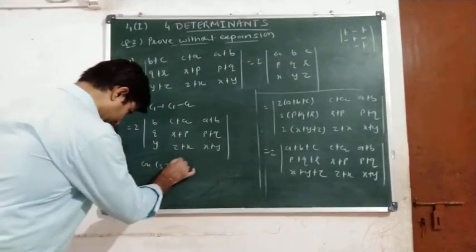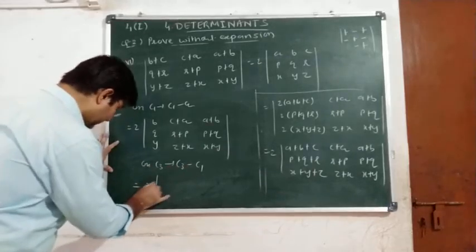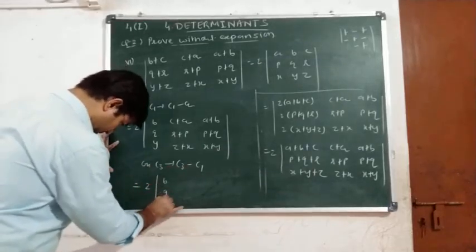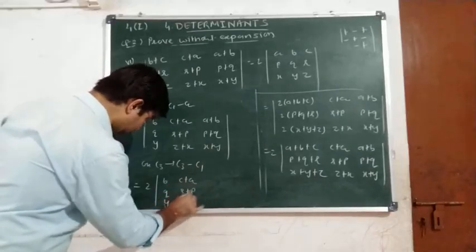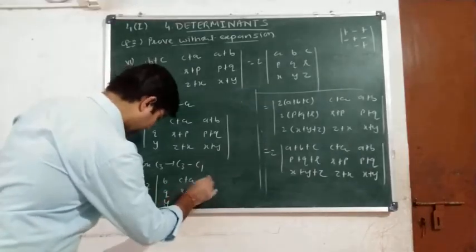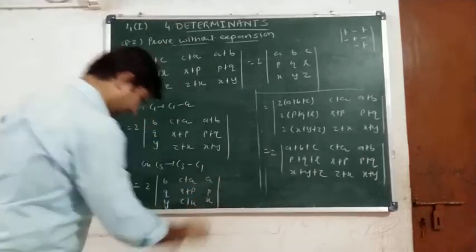So we will get B, Q, Y, C plus A, R plus P, Z plus X, and here A, P and X we are left with.